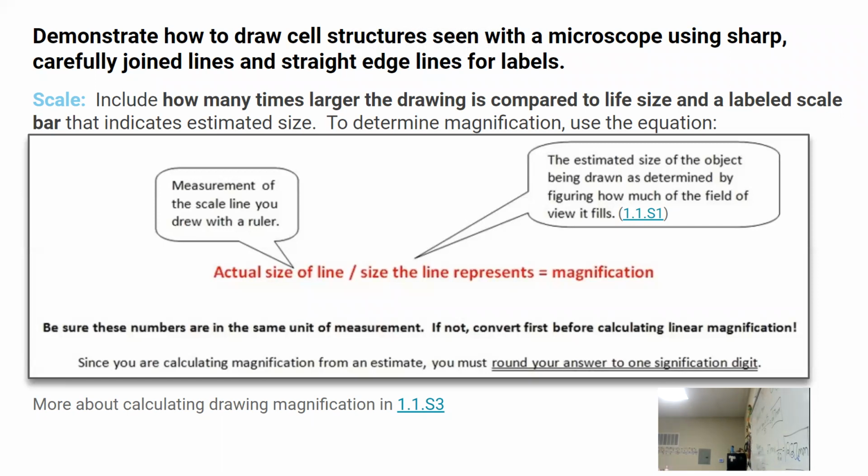On any good IB drawing, we need to include the scale bar. We are going to have a set of questions where we will practice using a scale bar to calculate the size of an organism. But right now you're just writing the top bold. The equation, we'll go over that when we do our example.